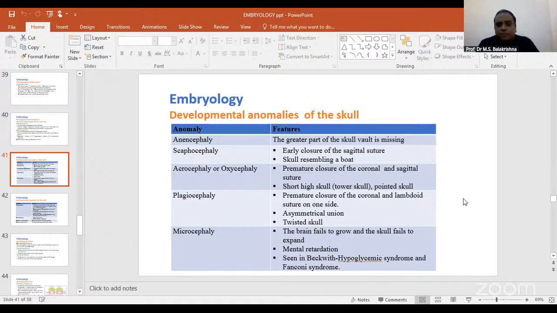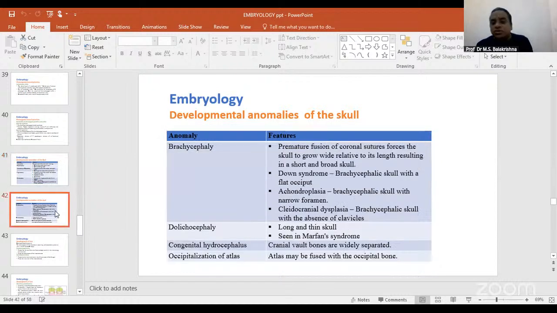Scaphocephaly, that means early closure of the sagittal suture. Acrocephaly, premature closure of the coronal and sagittal sutures. Plagiocephaly, premature closure of the coronal and lambdoid sutures. Microcephaly, the brain fails to grow and the skull fails to expand. So these are all anomalies of the skull. So definitions and all you should know.